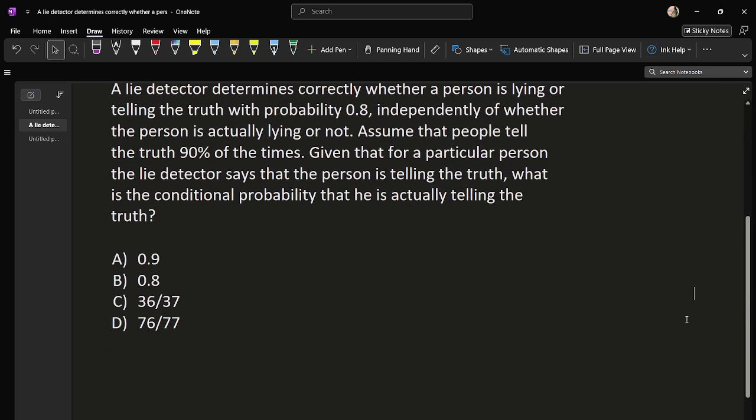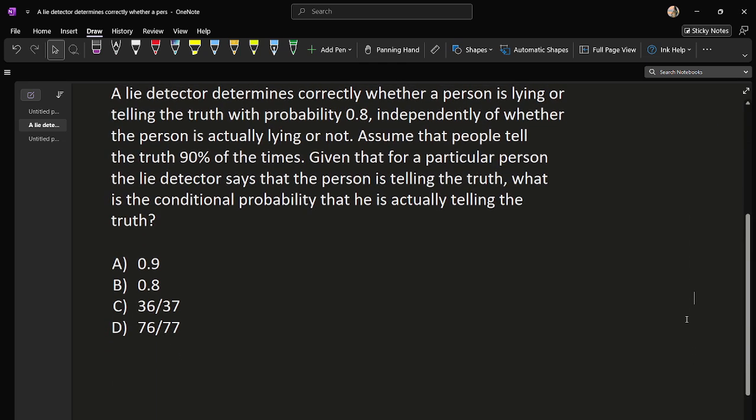Okay. So now we are going to solve a problem which appeared in the ISI MTech QROR MCQ section. The question says that a lie detector determines correctly whether a person is lying or telling the truth with probability 0.8, independently of whether the person is actually lying or not.